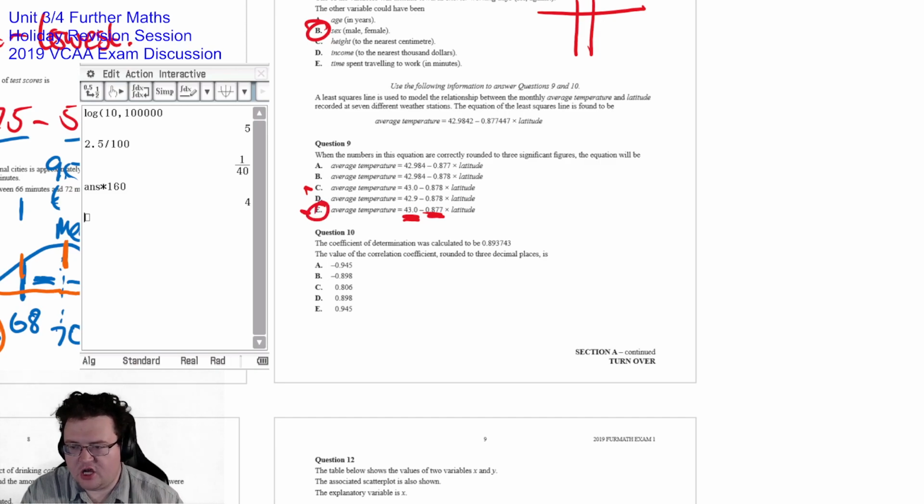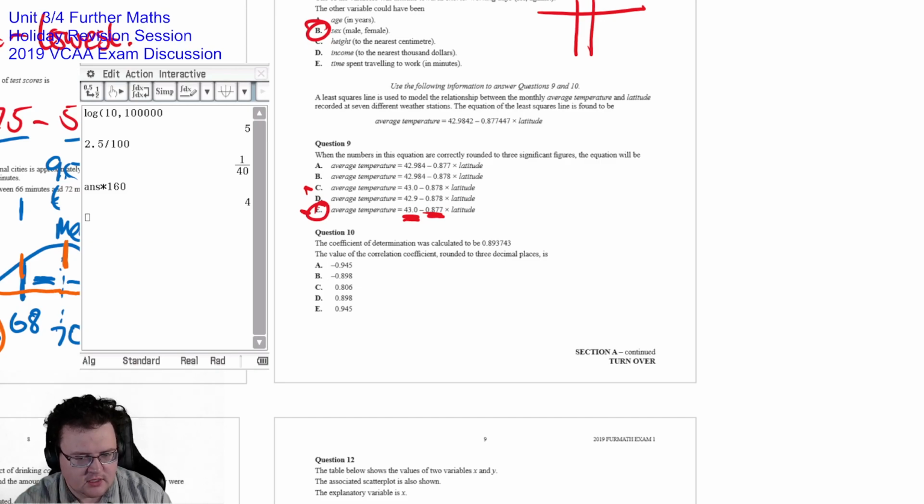Question 10. The coefficient of determination. So now remember, 9 and 10 are both linked. The coefficient of determination was calculated to be 0.893743. What is the symbol that we use for that?